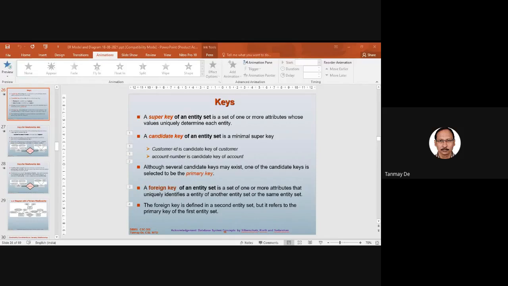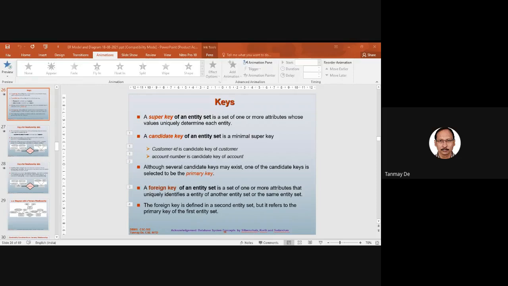Or maybe customer ID, customer name, and customer city together also uniquely determine each of the entities in the customer entity set. So any number of super keys are there.